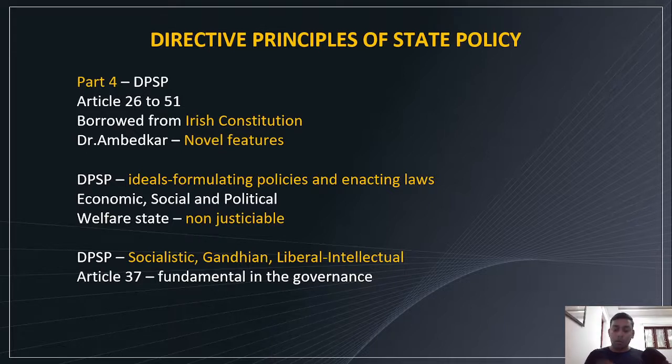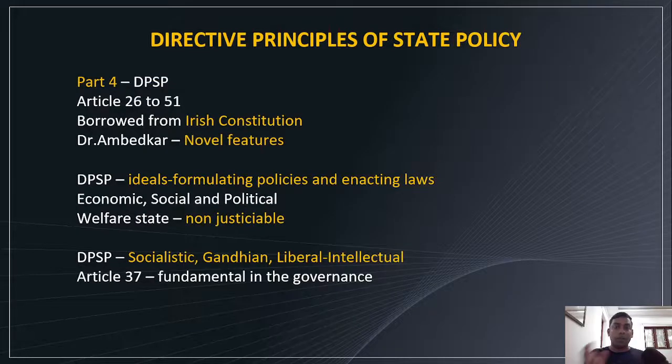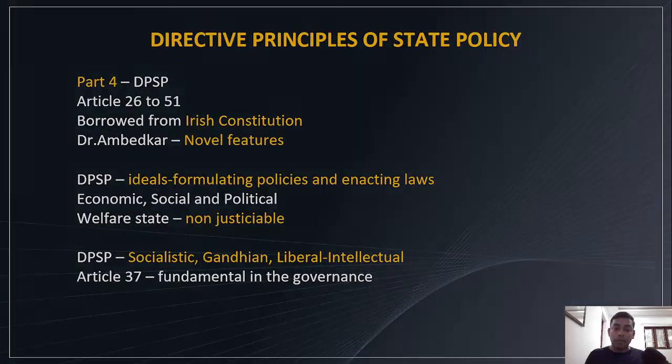Okay, so let's rewind the topics. DPSP is mentioned in Part 4 of the Constitution, taken from the Irish constitution. Then the non-justiciable nature, and the very important point is that it is to establish a welfare state, and these are the ideals that should be taken care of by the state at the time of formulating policies and enacting laws. We can categorize it into socialistic, Gandhian, and liberal intellectual, and we have seen some examples as well.